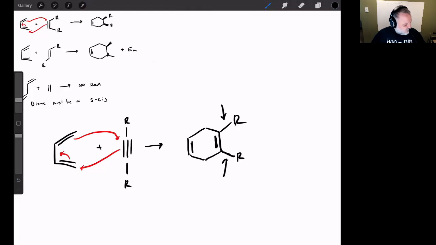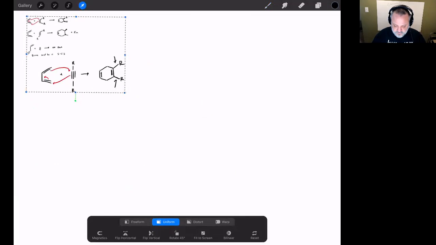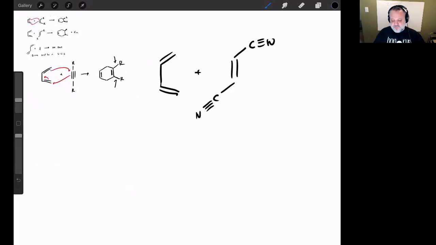So let's do a quick example, just so we can kind of sort this out. Let's do one where we have our diene, and let's do this one where it's CN. What's the product of this one? So what are we going to consider?